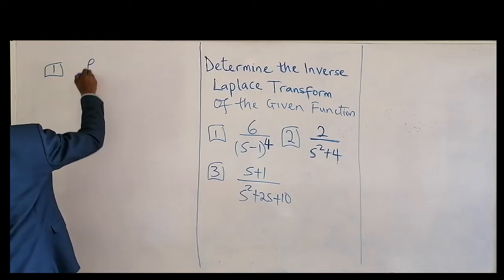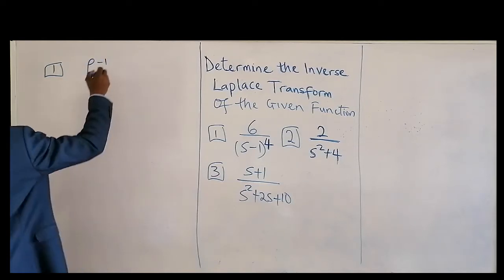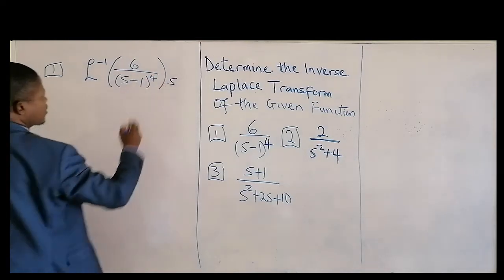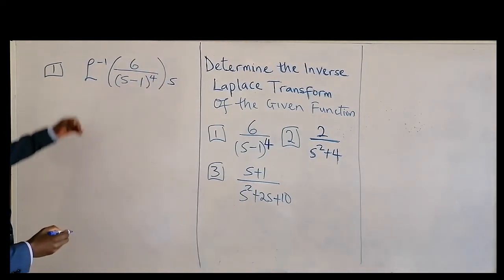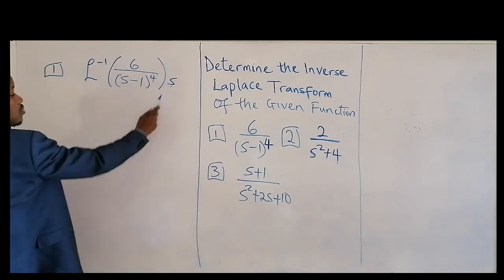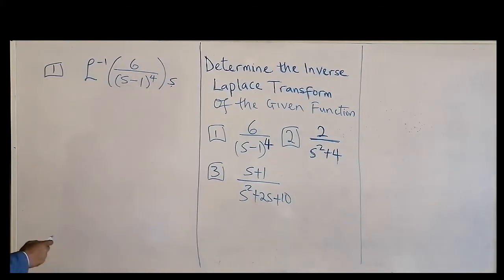The inverse Laplace, this is the symbol for inverse. Then write the function. Then x domain, because when you are doing inverse Laplace, you are transforming from x domain to time domain.